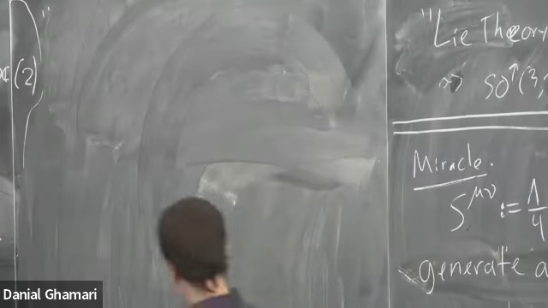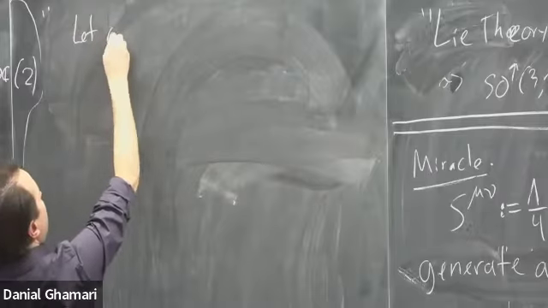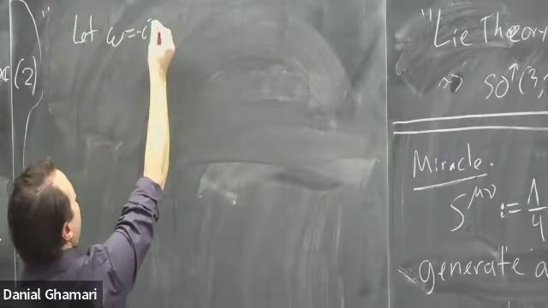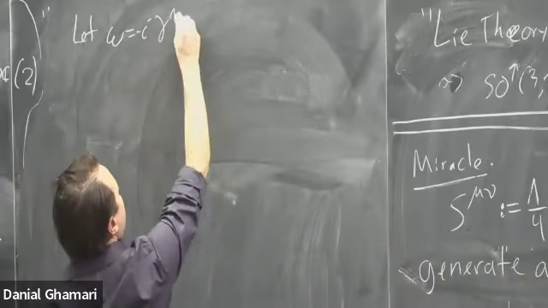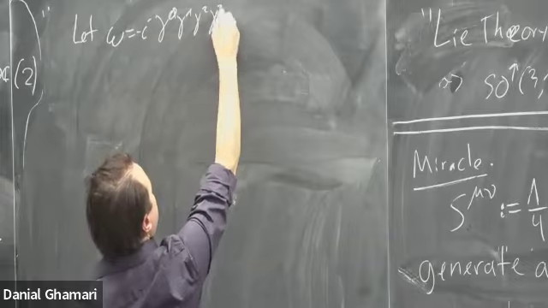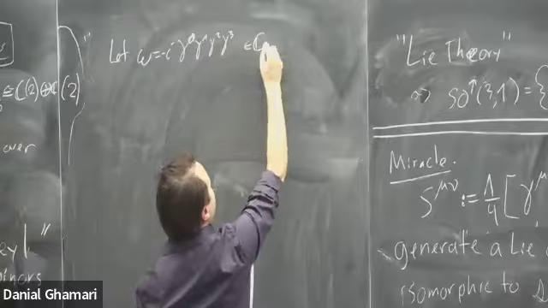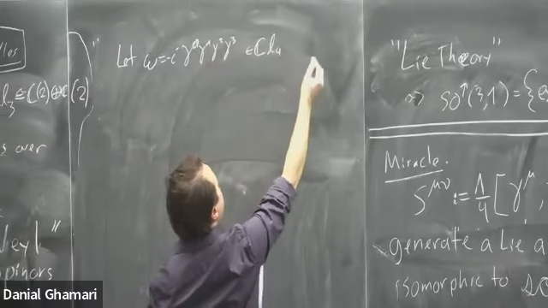So these are the Weyl spinors, and we're going to let omega equal i or minus i, gamma 0, gamma 1, gamma 2, gamma 3. So this is the volume element inside this Clifford algebra.